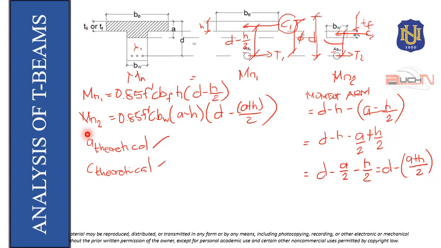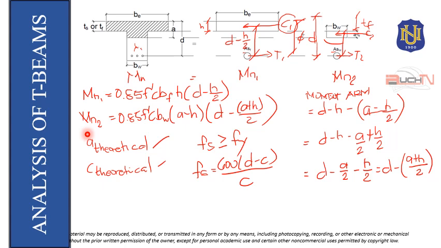Kailangan natin ma-prove that Fs is greater than or equal to Fy, meaning the steels are yielding. Same pa rin naman yung formula which comes from the strain diagram, that is Fs times 600 times D minus C over C.